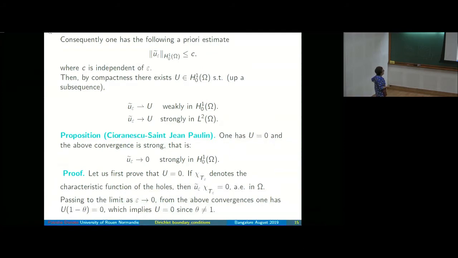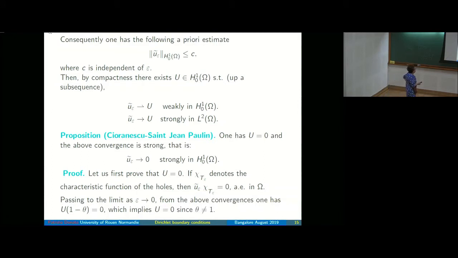proposition: consider now chi T epsilon, which is the characteristic function of the holes, which is nothing else than one minus the other one, because it's a complementary set. So, if we consider the product u epsilon tilde times chi T epsilon, then u epsilon tilde is zero on the holes, chi T epsilon is zero outside of the holes, so the product is zero everywhere.